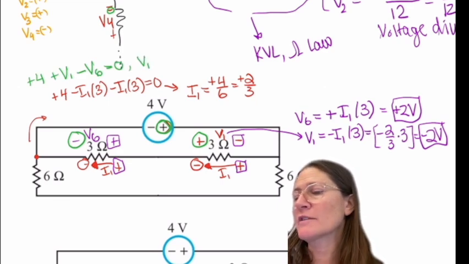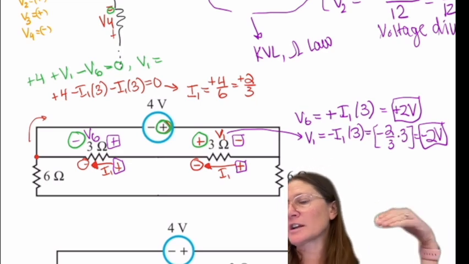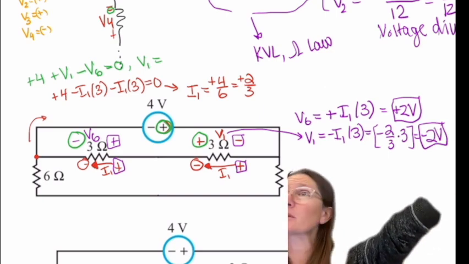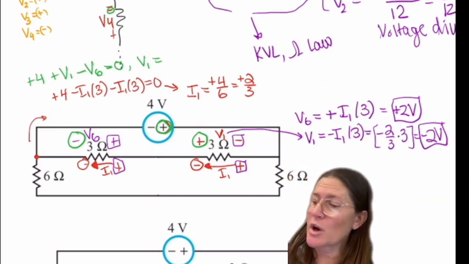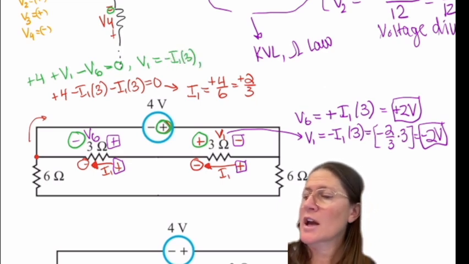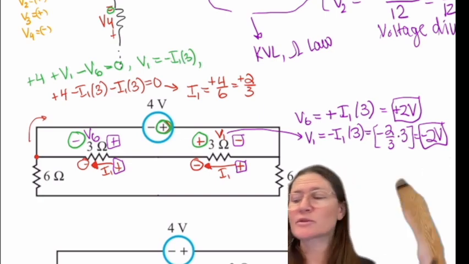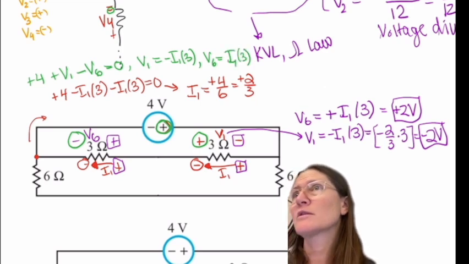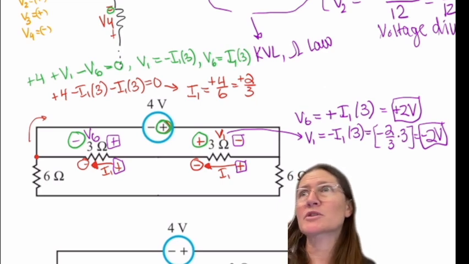But then writing V1, I have to write it opposite because the plus and minuses are opposite there. So then this V1 is a minus I1 times 3. And then V6 is the same, so I would write V6 as a plus I1 times 3. Does that make more sense?